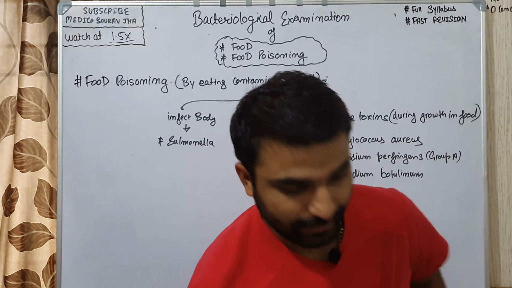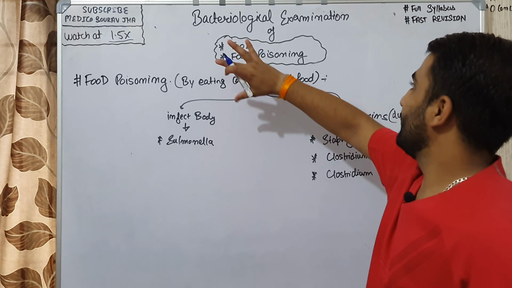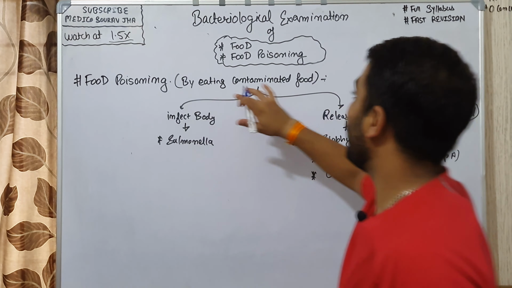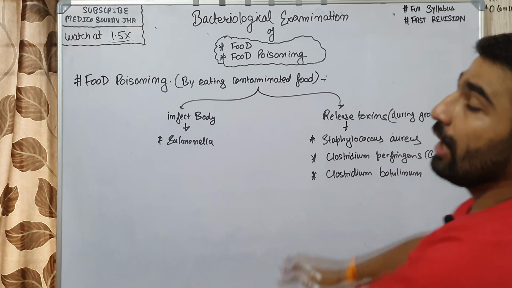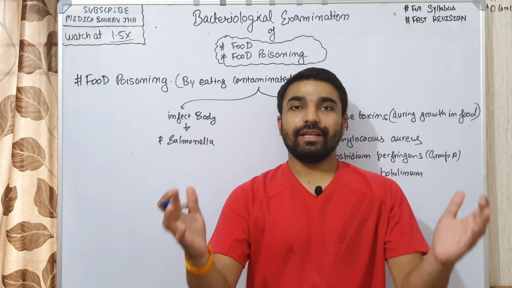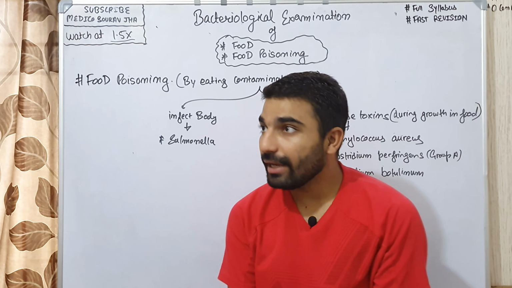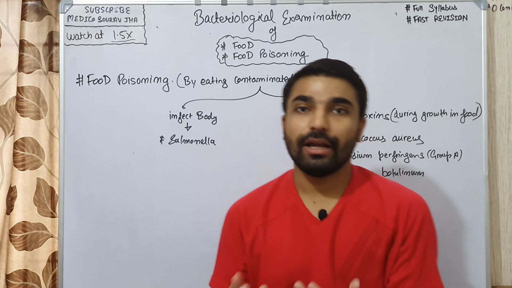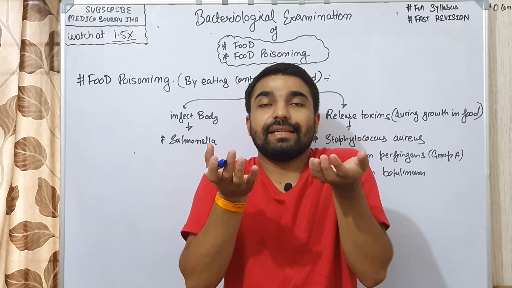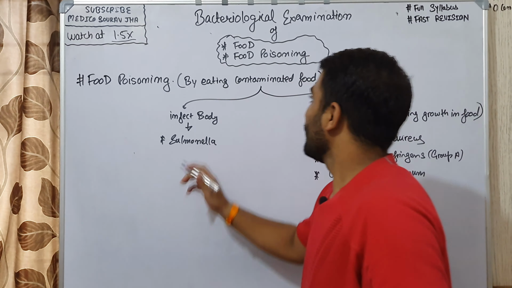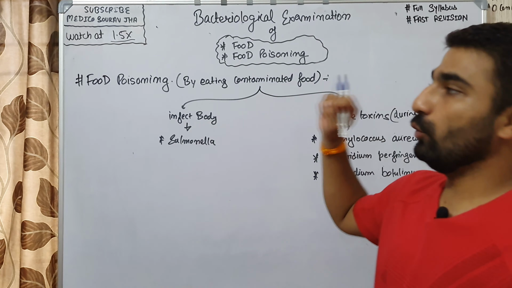So this is the thing. Food poisoning by eating contaminated food. How does food poisoning occur? By eating contaminated food.